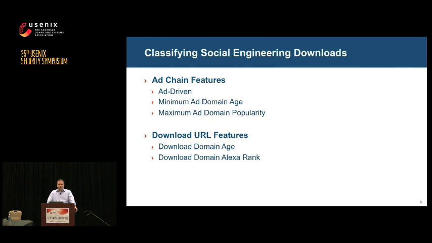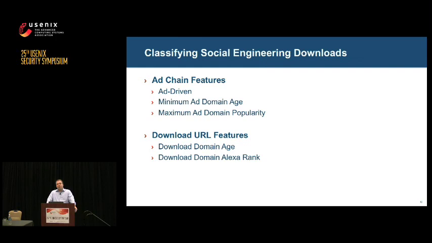We also looked at minimum ad domain age. We looked at all the domains on the ad path, found the one that had the youngest age, and used it as a feature. The reason behind that is that the ads that serve malicious software tend to be blacklisted, and so they're replaced with young domains. We also looked at maximum ad domain popularity.